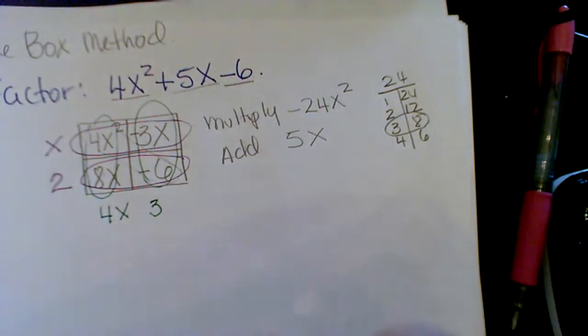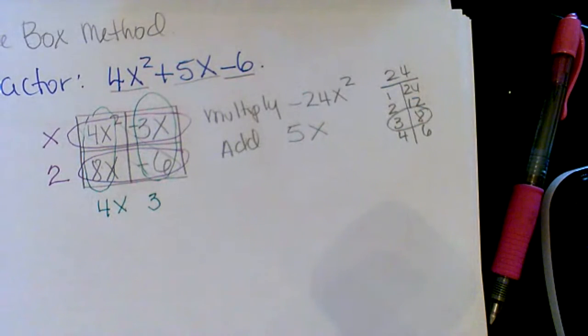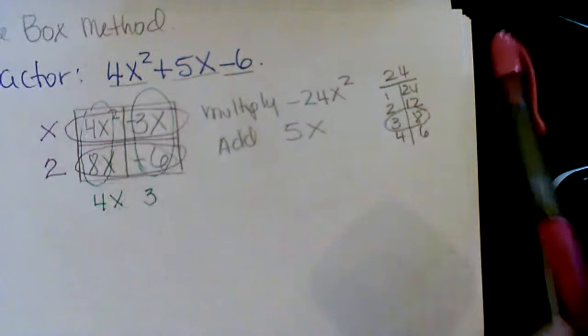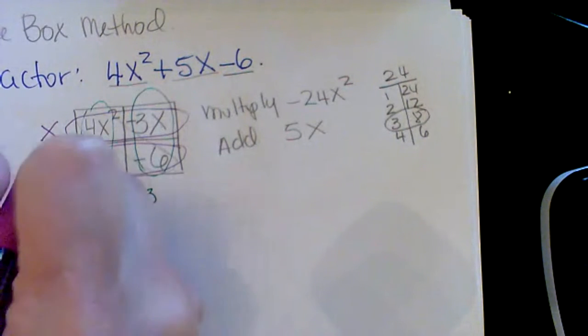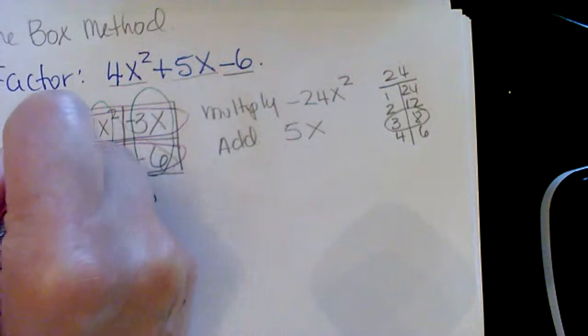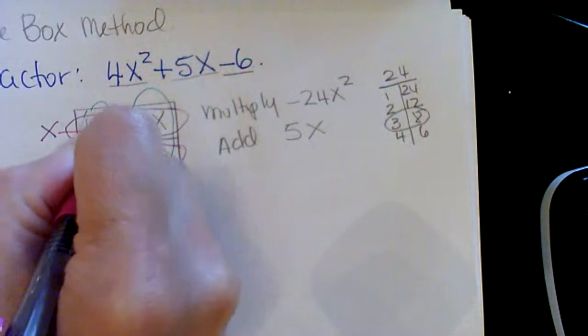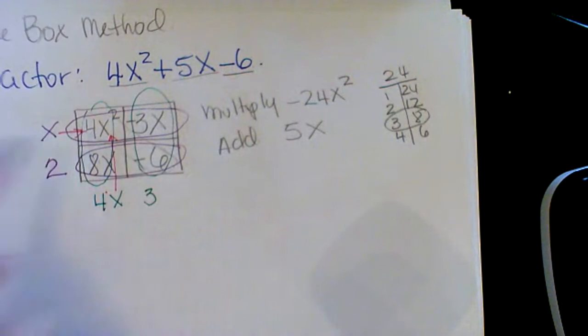Now, what about the signs? Let's see. Gosh, I don't see my red pen anymore. Okay. How do we do that? All right. So we know that if we multiply x times 4x, it gives me 4x squared.